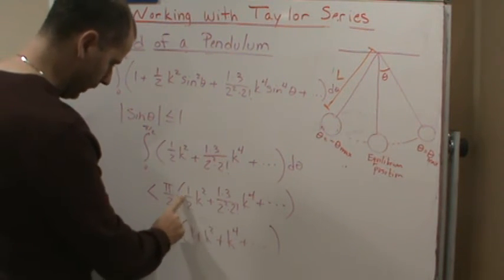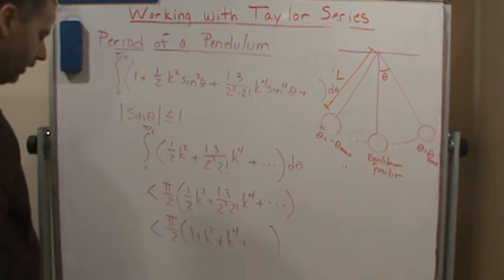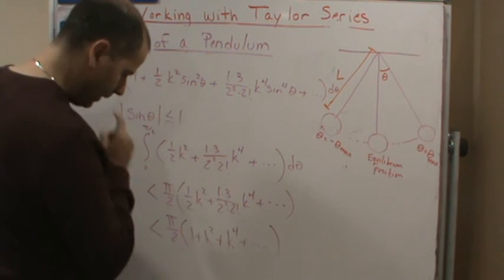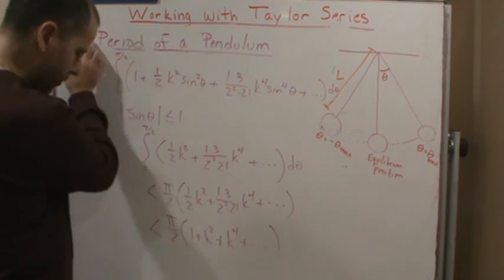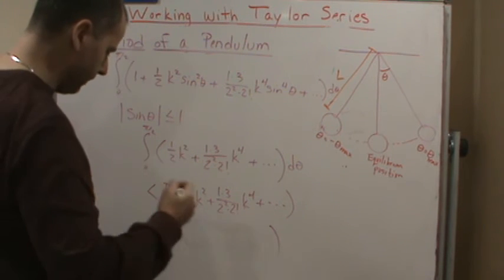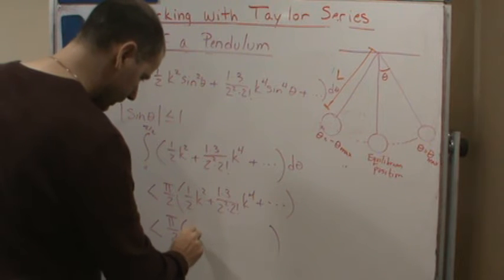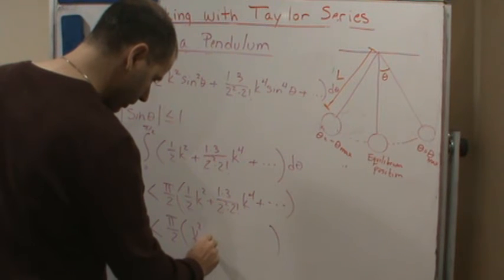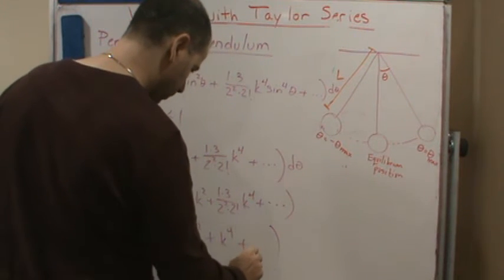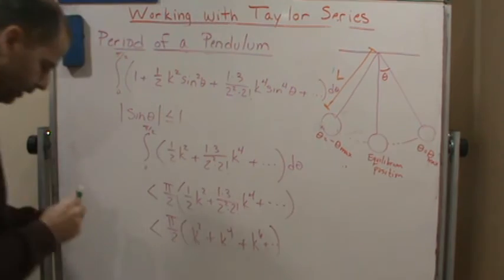This is 1, so no, I had it right the first time. So now, since these are all less than 1, let me do it in a couple of steps here. This is going to become k squared plus k to the 4th plus k to the 6th plus, and so on. That's what I want.